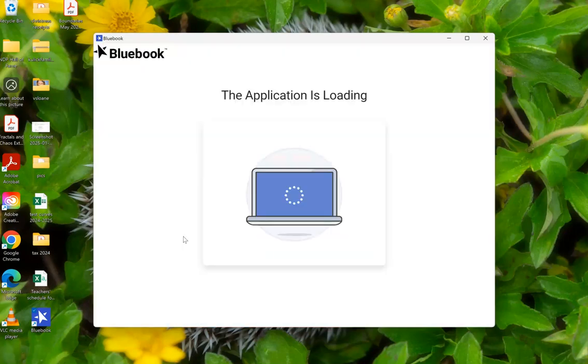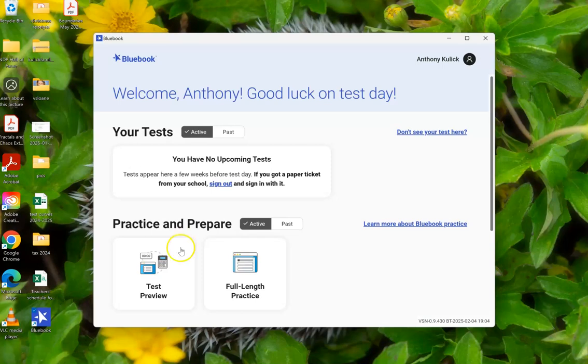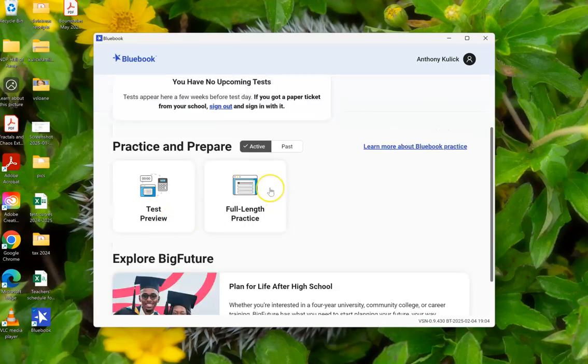It'll not work great, but there is a full-length practice that you can do on the computer just to get used to what the format's going to feel like, doing a multiple choice test on the computer as opposed to by hand. I would suggest, when you're studying, at least go in and do a little bit of it to get used to that format and what that's going to look like.